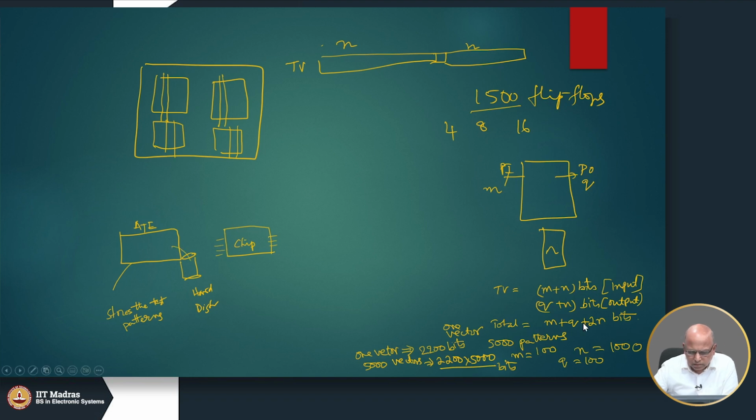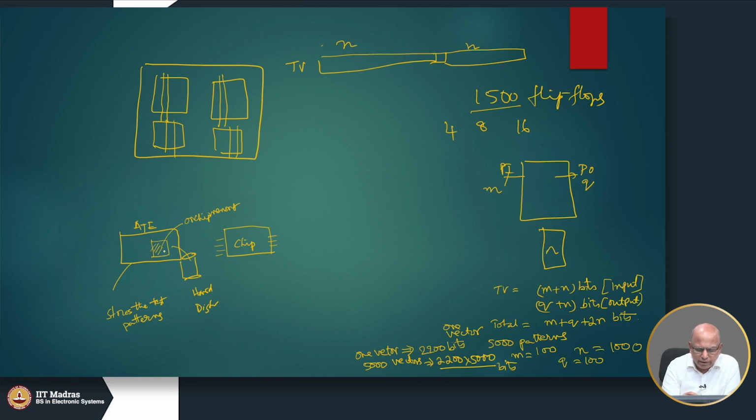It can't afford to read one test vector at a time from the disk, so it possibly will read many of them into a buffer which is on chip memory, which will be fast, and then it will supply the chip with the test data at a much faster clock. So, as a result, it requires a lot of on chip memory, and this memory has to be fast memory.